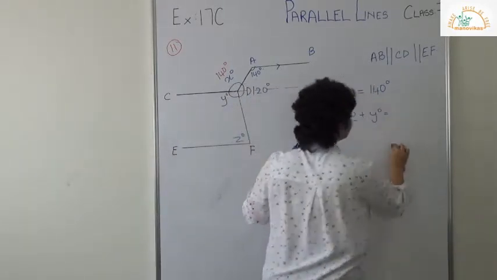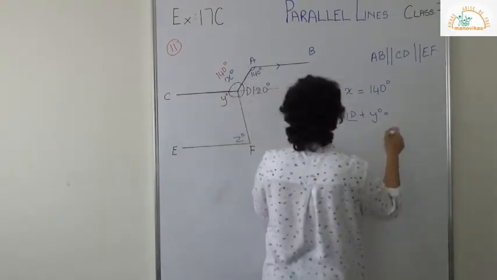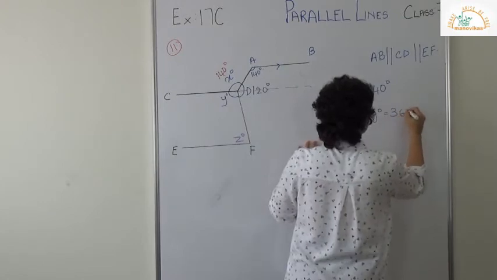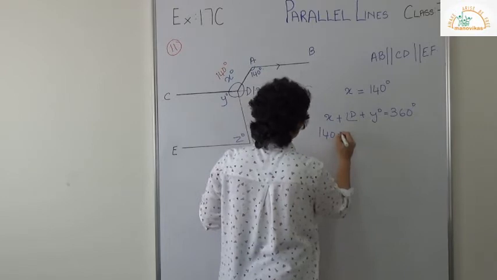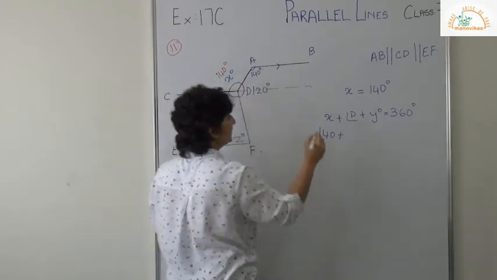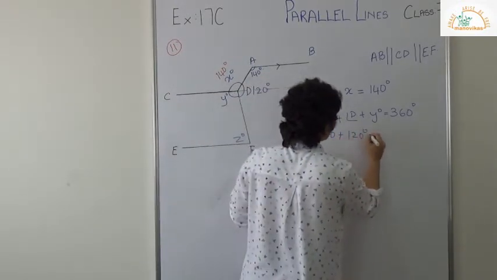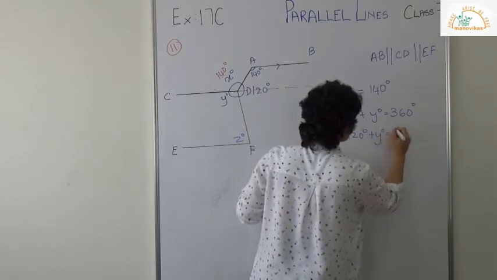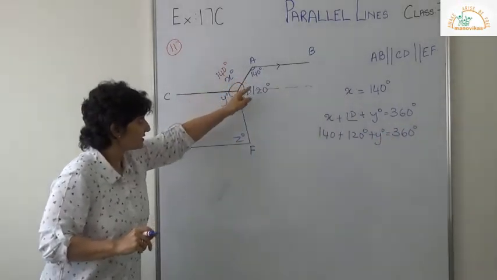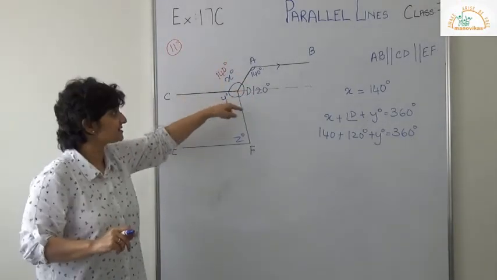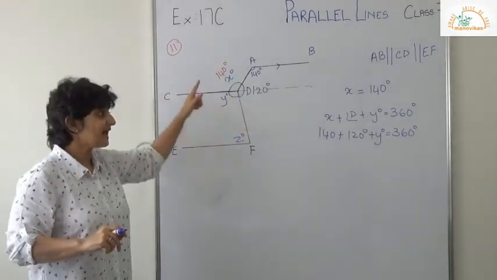Correct? It is equal to 360 degrees. Your x is 140. You know the entire angle d is equal to 120, plus y degrees is equal to 360. Have you understood, children? This gives you a complete circle. So it's a complete angle.